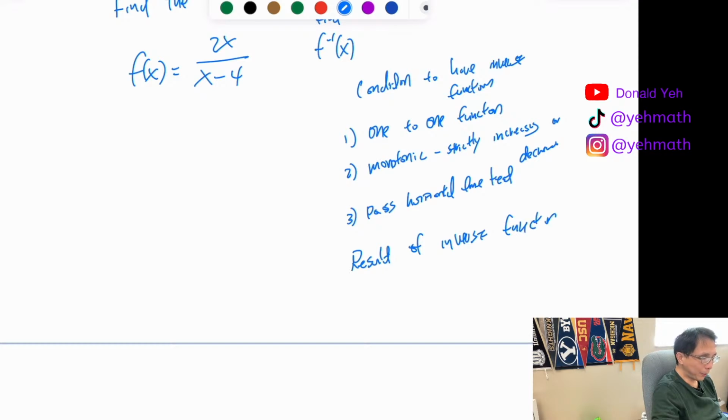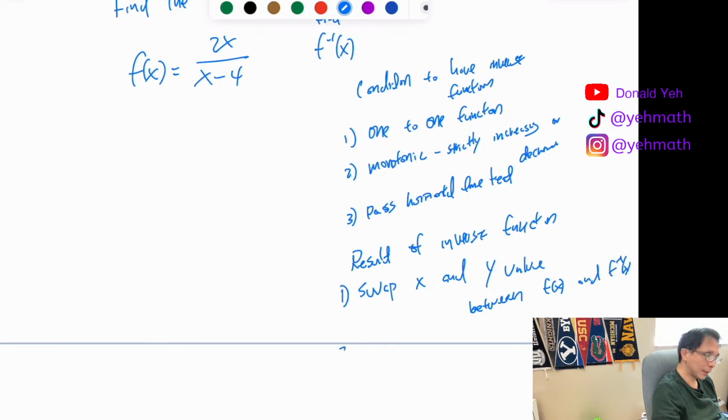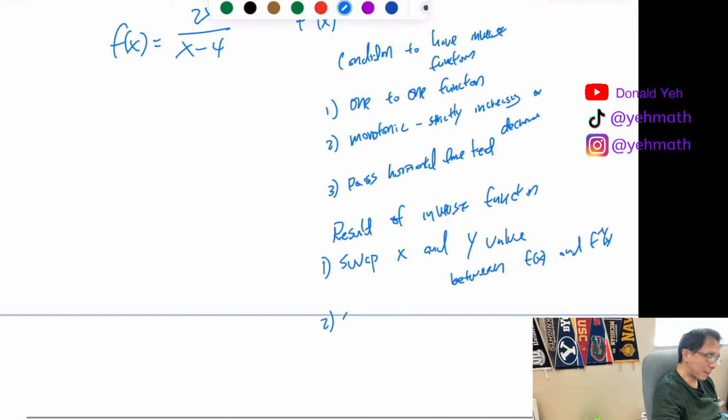The nice thing about the results is the first result is really nice. You are basically swapping x and y values between f of x and f inverse of x. Second, you must have a symmetry to y equals x.